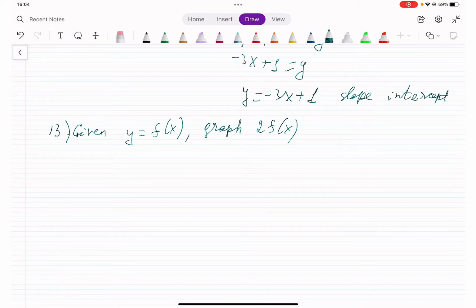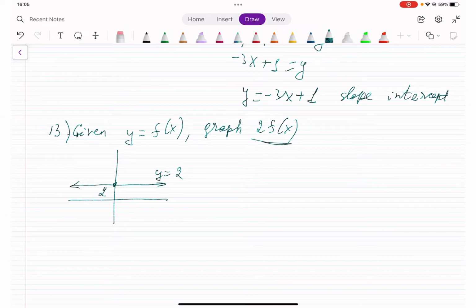Okay, so our graph is, let's say, this one. So y is equal to, okay?